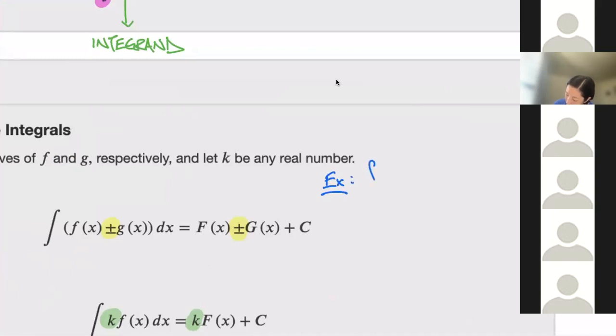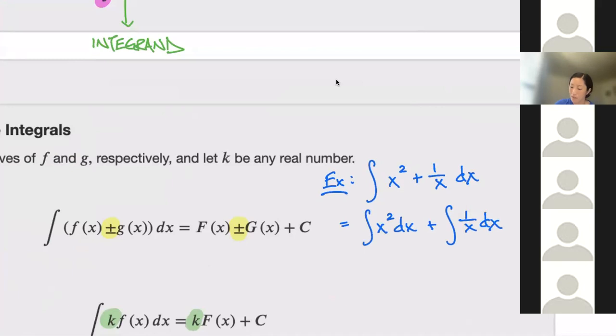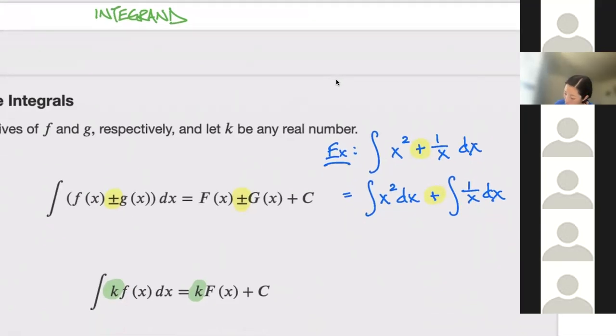If I have the integral of x squared plus 1 over x dx, what this sum and difference rule says is I can split this up to be the integral of the first one plus the integral of the second one. We can see here that this plus means I can split them and add them together. That's a very handy thing to know.